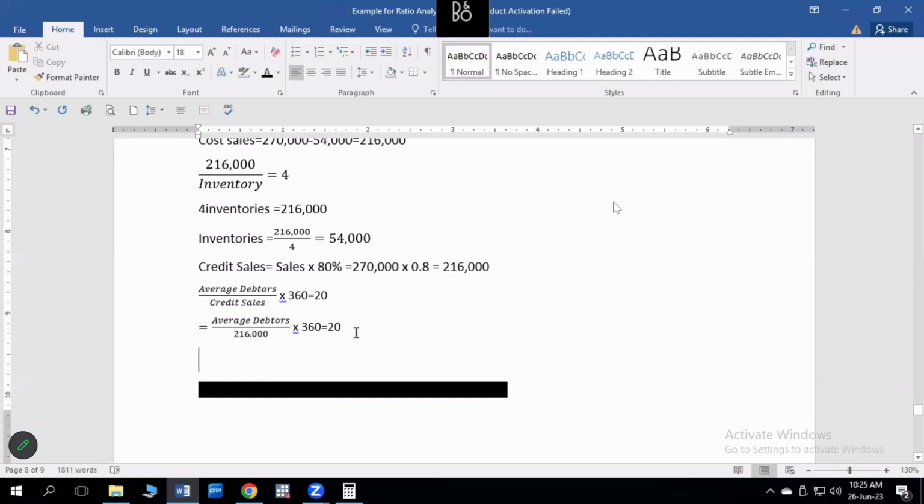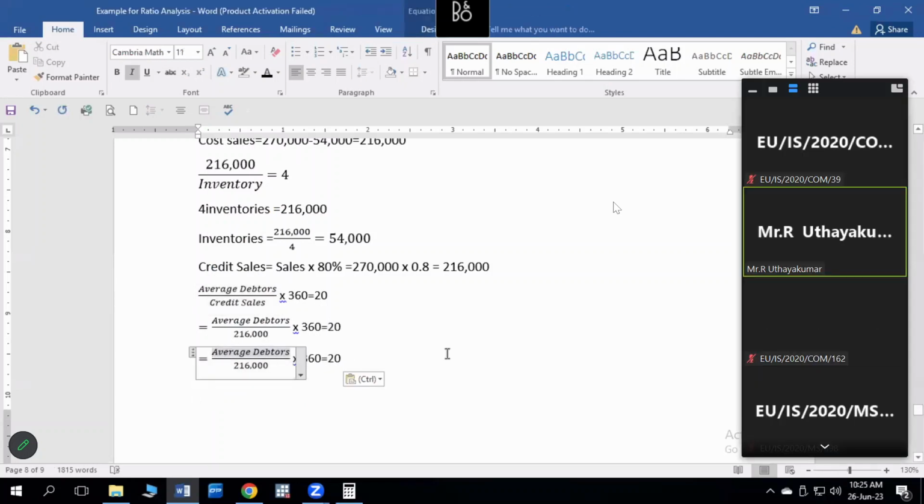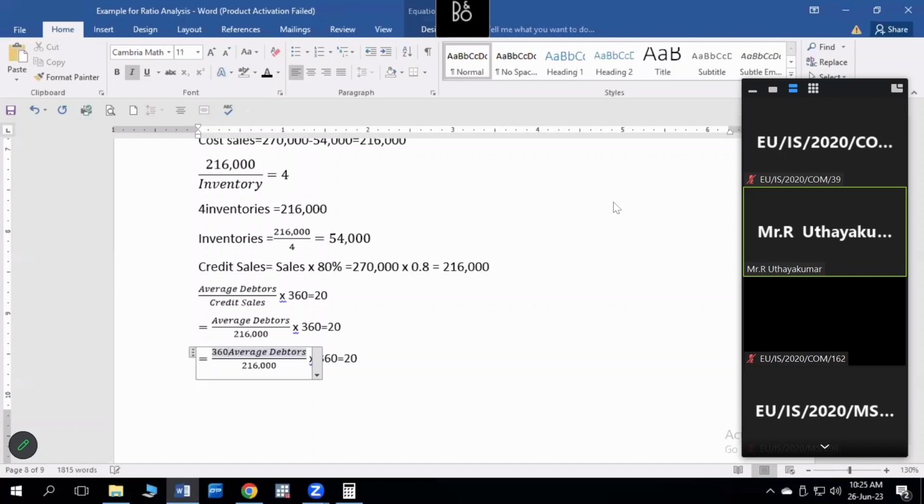Now what can you do? Mathematical rules should be applied in solving this equation. 360 by average debtors equals credit sales divided by this one, multiply this 20.